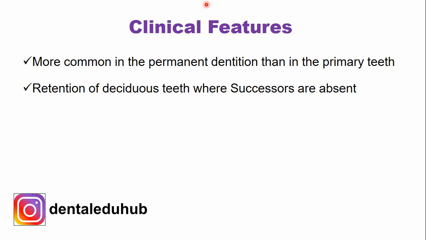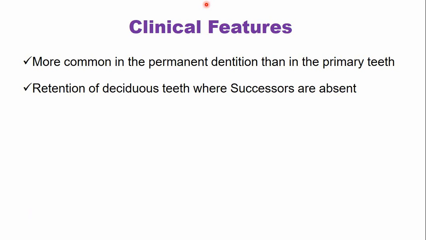As I have already shown you in the last picture, there will be retention of the deciduous teeth because the permanent successors are absent, and it is often symmetrical, like the permanent teeth are missing on both sides. For example, if the second premolar is missing on the right side, in most cases it is missing on the left side as well.